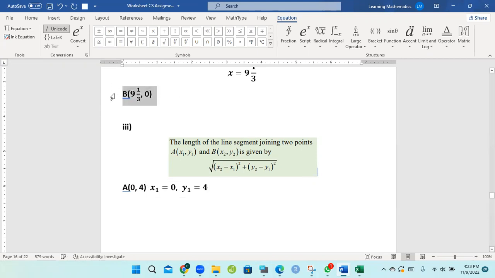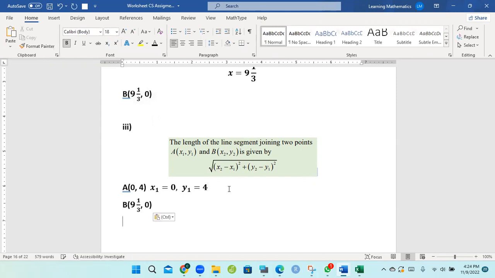And B is considered to be point 2. So therefore, x2 is equal to 9 and a third, which is 28 over 3.